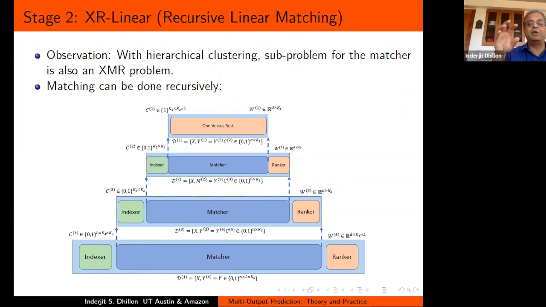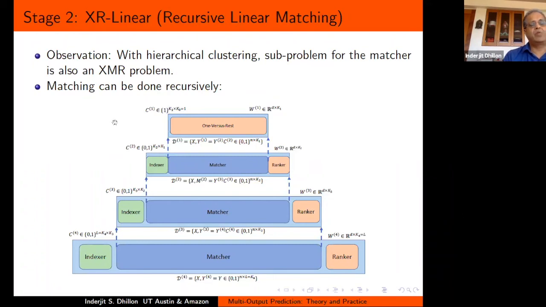With hierarchical clustering, you have a tree that captures the clustering of the outputs into different clusters. And similarly, you can do matching by traversing this tree. So we call this method recursive linear matching.